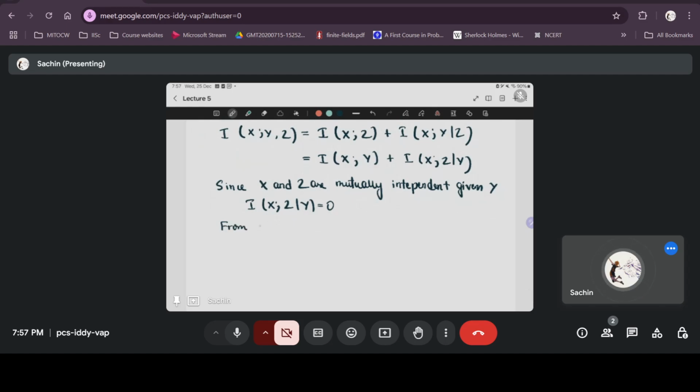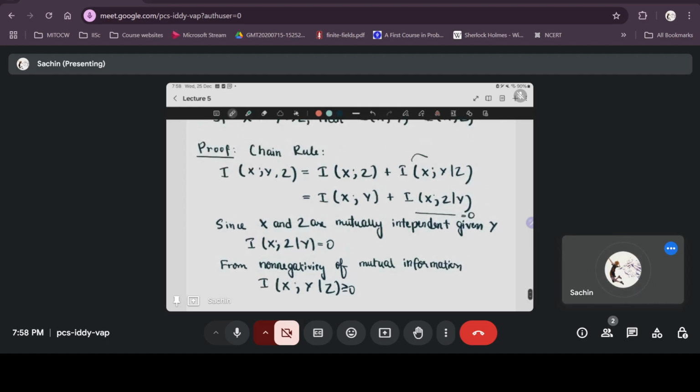And from non-negativity of mutual information, I of X;Y given Z is greater than or equal to 0. So this quantity is equal to 0. This quantity is greater than or equal to 0.